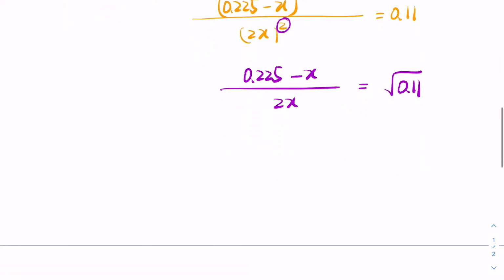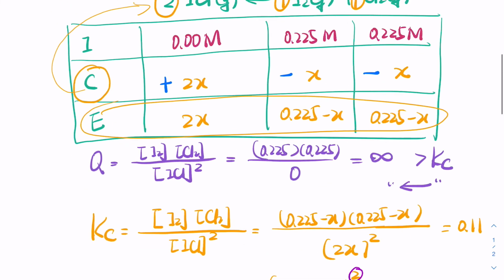Then we solve this by cross multiplying and solving for x. x equals 0.135. What are we looking for really?